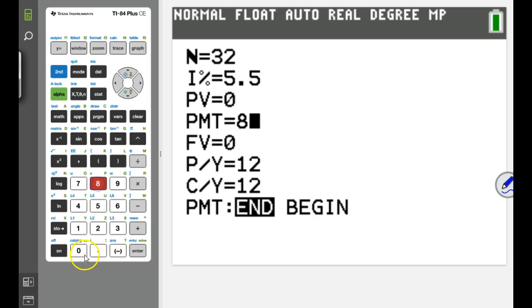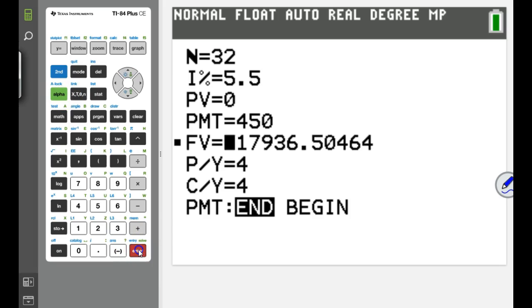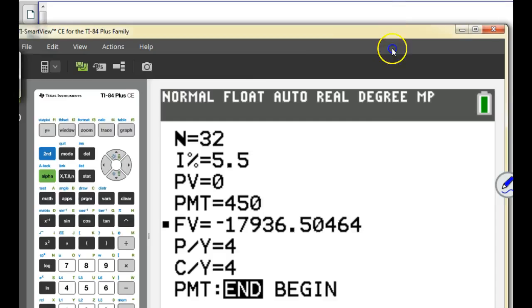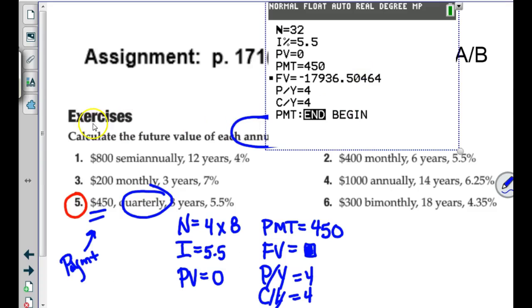Payment was 450. I totally couldn't remember. Future value is what we want to find. This, though, is 4 and 4. So the future value, alpha, enter, is $17,936.50. Okay.